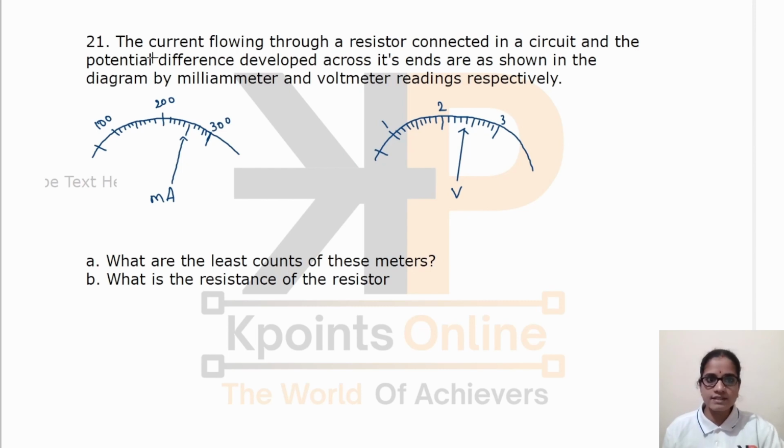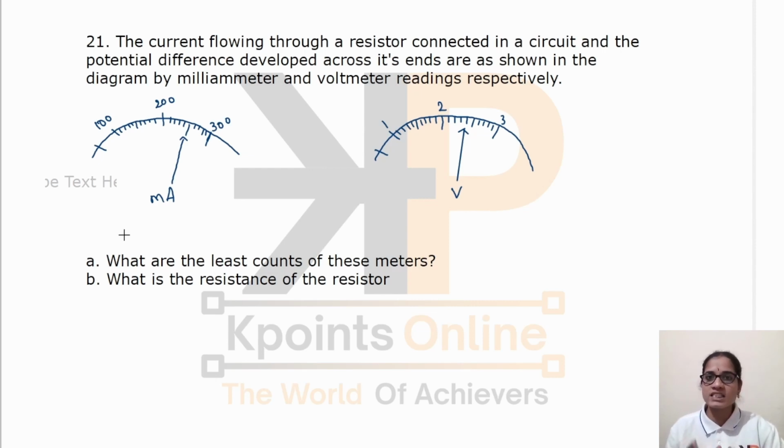Now the next question is: the current flowing through a resistor connected in a circuit and the potential difference developed across its ends are shown in the diagram by milliammeter and voltmeter readings respectively. We have to find out what the least counts of these meters are and what the resistance of the resistor is. What do you mean by least count?